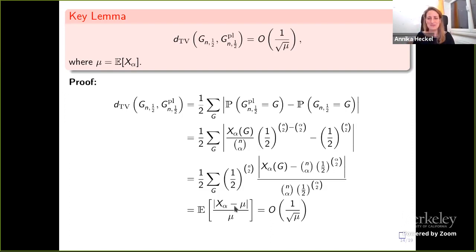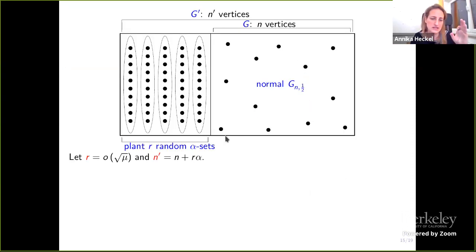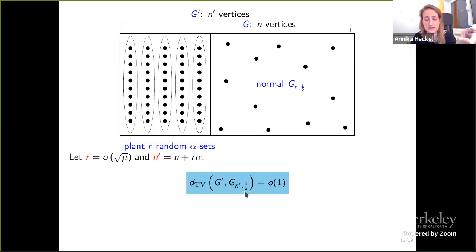Okay, so as promised, this is the proof of the lemma. So if you've stopped paying attention, you can now start paying attention again. Okay, so we know the total variation distance, if we plant a single alpha set, to just the normal G(n, 1/2) is of order 1/√mu, where mu is the expected number of alpha sets. And now I hope from this it's plausible that if we plant little o of √mu of these alpha sets, then the overall total variation distance after repeating this little o of √mu times is little o of 1.